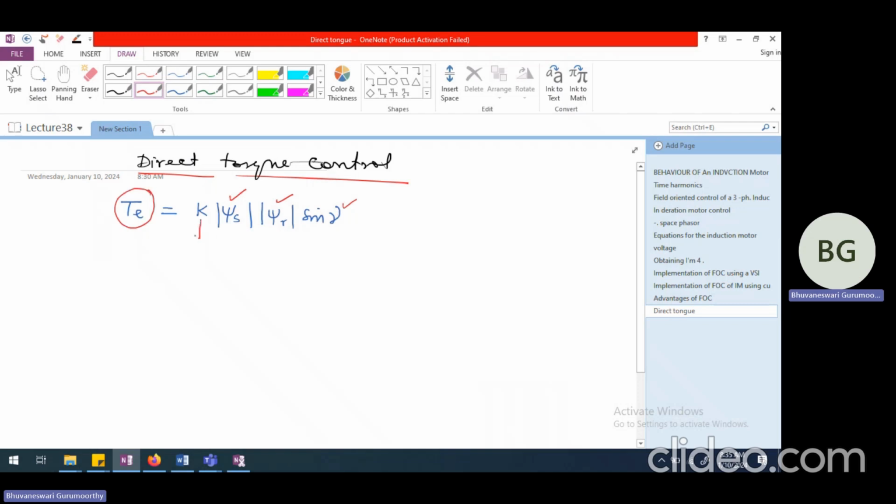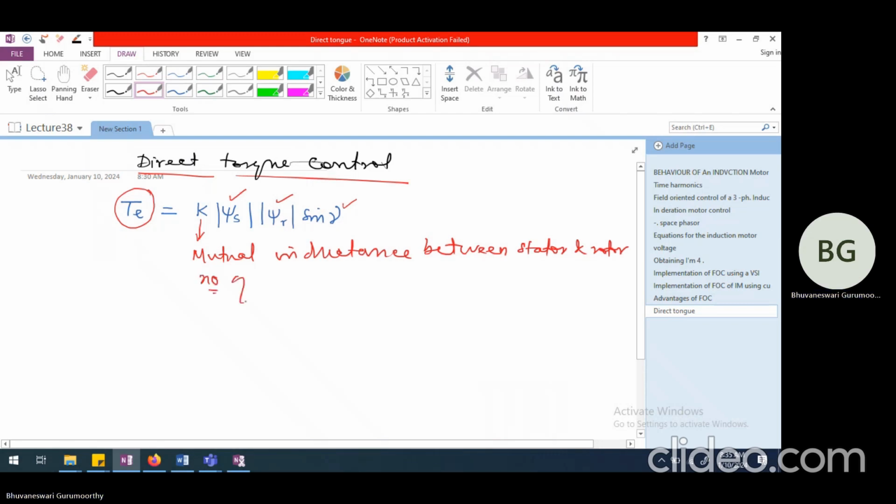This constant K depends upon maybe the mutual inductance between the stator and rotor, and also it depends upon the number of poles. So these things play a major role in deciding what this constant value K is.